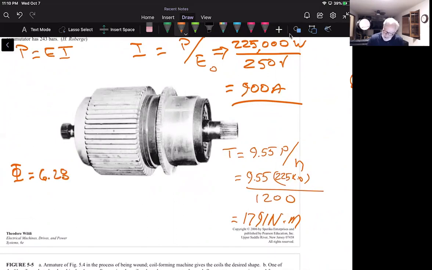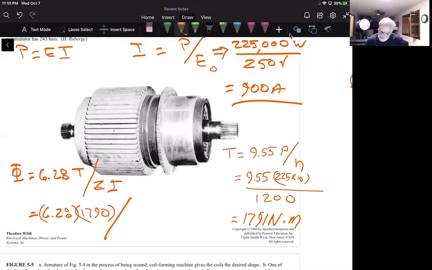So the flux per pole, equation 6.28, equation 5.6, solve for flux divided by Z times I. You plug in all the numbers. We got torque over here. I'm not exactly sure why we're getting 1791 in the solving and 1790 here, but just so this works out and we're consistent, I'm going to write down what he has there.